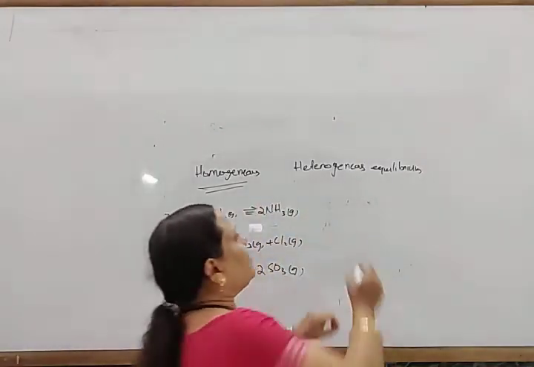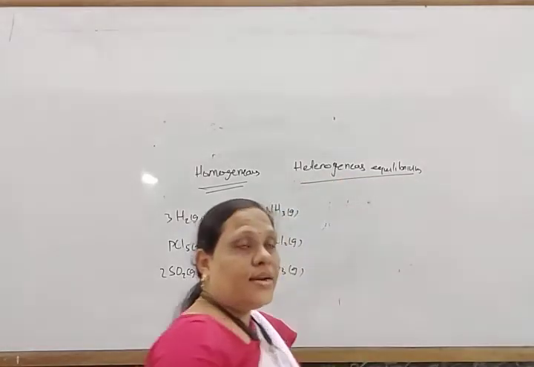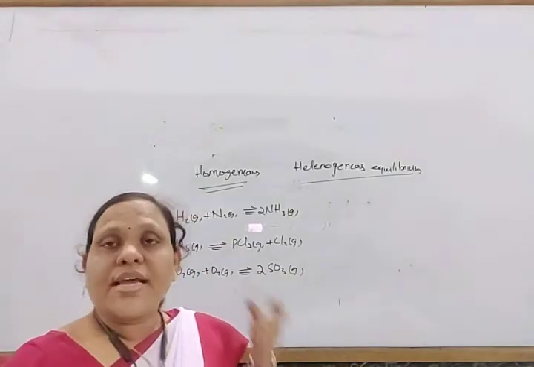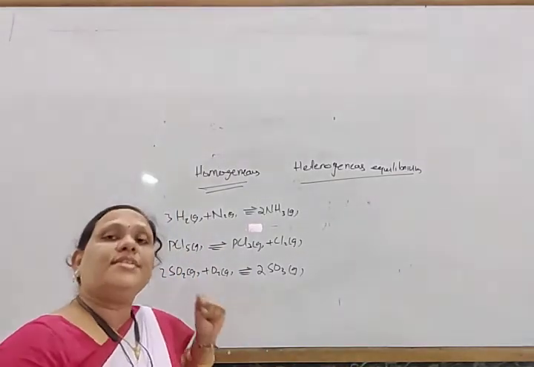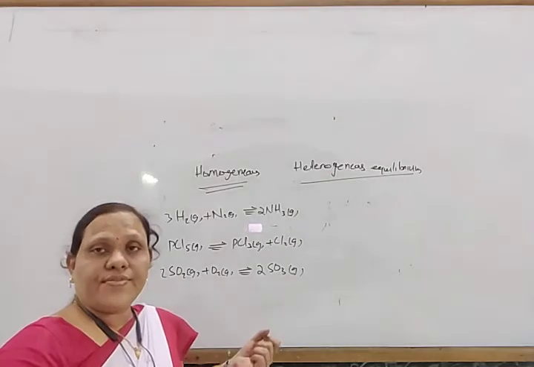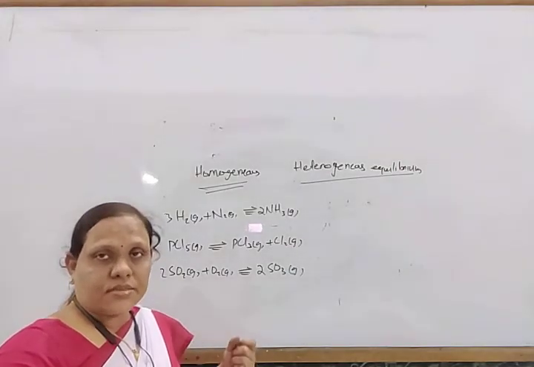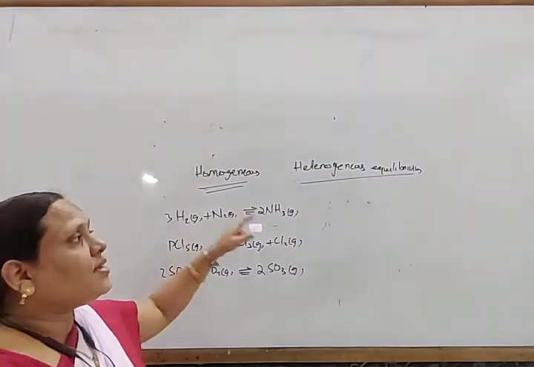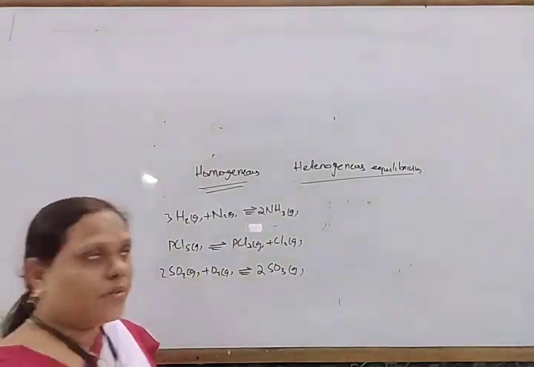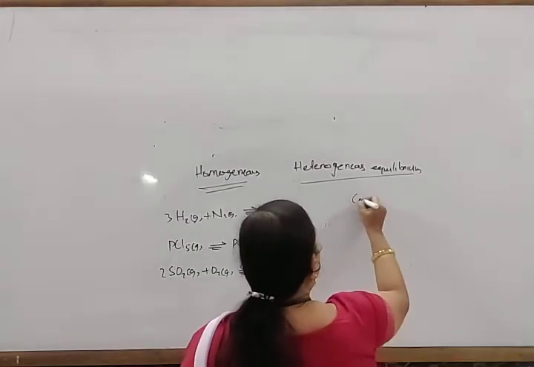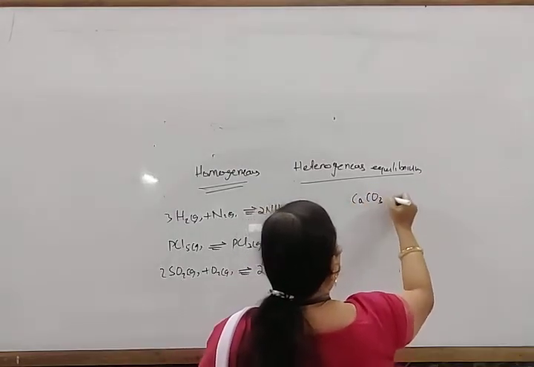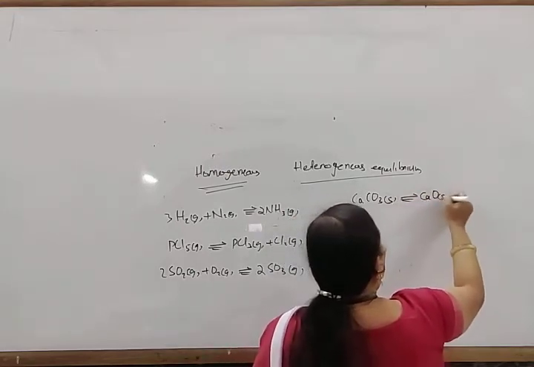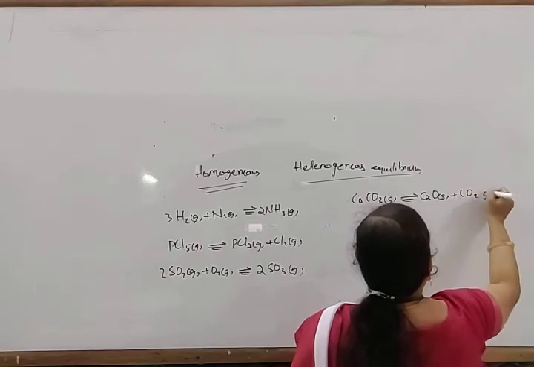But heterogeneous equilibrium is that one where among the reactants and products, either one of them is in a different phase, either in solid phase or in liquid phase or in gaseous phase. If either a reactant or product is in a different phase, then that is known as your heterogeneous equilibrium. So some examples are like this. Suppose you take calcium carbonate solid, it will give rise to CaO solid plus carbon dioxide gas.